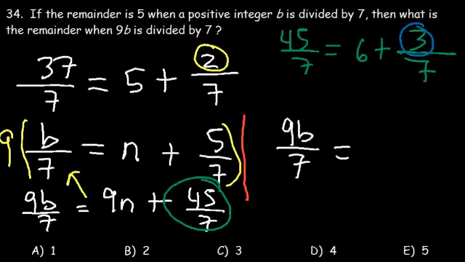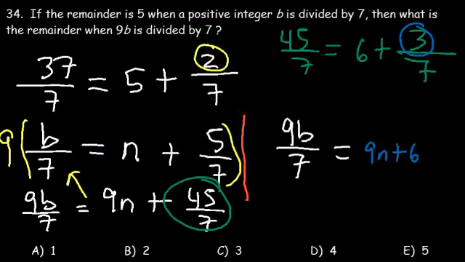So we can rewrite this as 9b over 7. 7 goes into 9b at least 15n times, where n is the number of times it can go into. Well, maybe that's not really accurate. I should say 9n plus 6. There we go, that's more accurate.